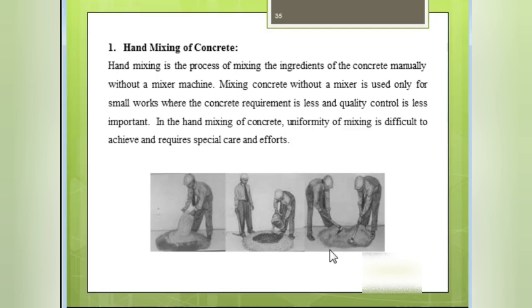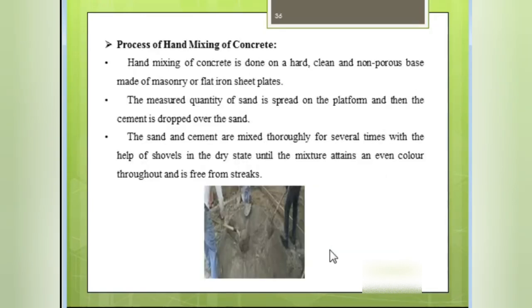So that is hand mixing. First, we have to spread all our ingredients on a watertight platform, and then mix thoroughly. And after adding the water, again it is thoroughly mixed so that the concrete is homogeneously mixed.